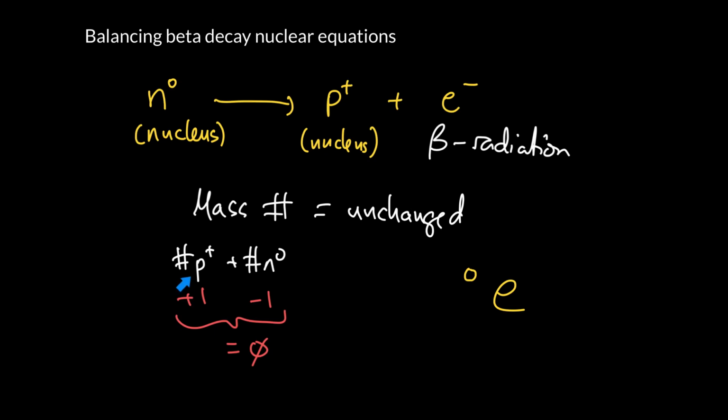So if the number of protons goes up by 1 on the right-hand side, we must assign the electron an atomic number of -1, so that when we add those two numbers together, it balances out. So if you like, the electron is -1, and that means that the daughter particle gains an extra proton, so +1, and when you balance, you just make sure those numbers add up to the same thing.